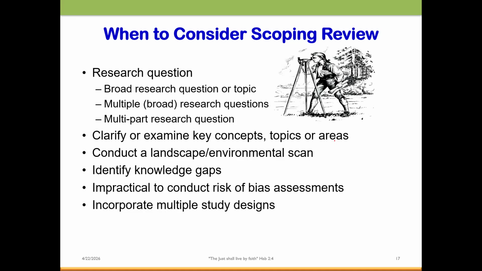We are going to look at this when we have a session on conducting systematic reviews. And also if it incorporates multiple study designs. For example, you get a paper that is a cross-sectional study, and you get another one that is a feasibility study.